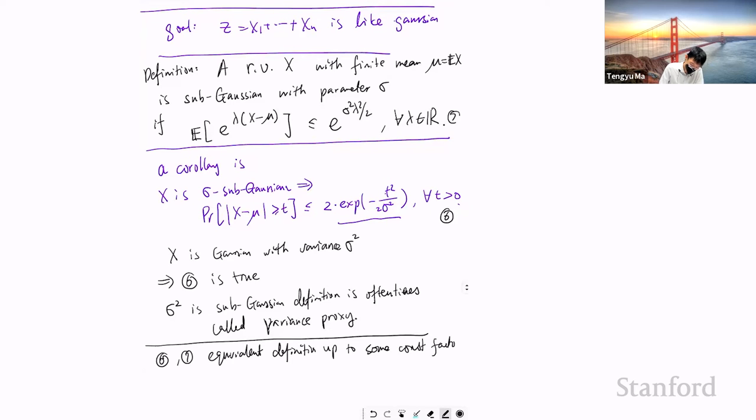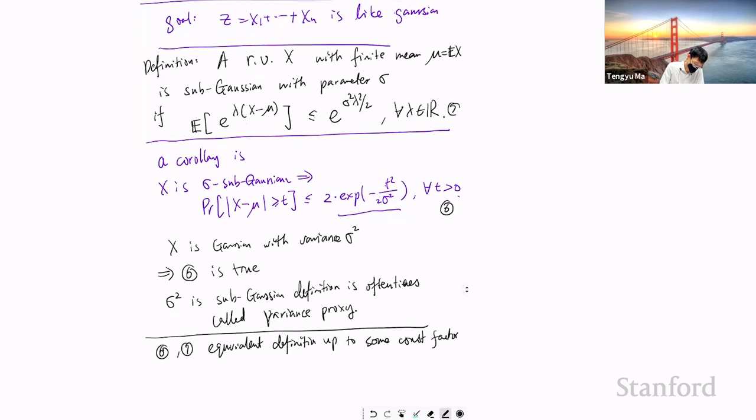What that means is that if you use 6 as the definition, or suppose you satisfy 6, then you know that x is O of sigma sub-Gaussian under the formal definition.